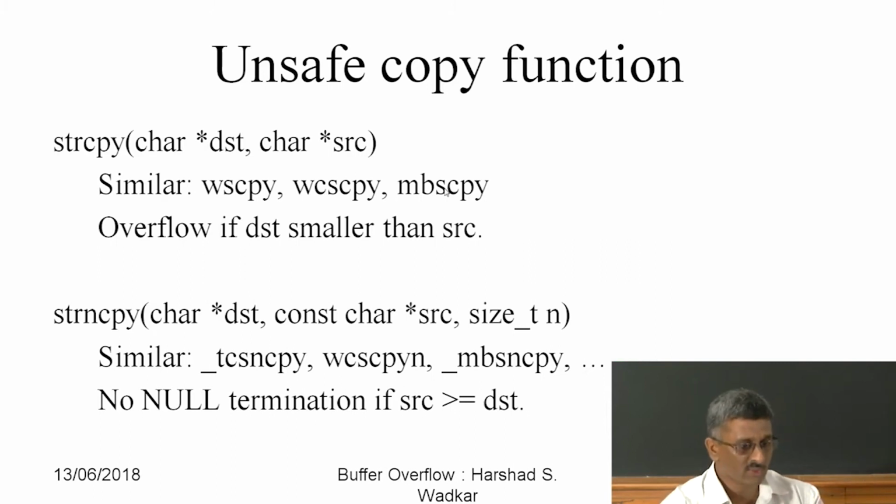In the strcpy family there are functions like wcscpy, wcsncpy, then memcpy and so on, which can perform the overflow. Instead of that, what is suggested is to use strncpy. Note that there is no null termination if the source is greater than the destination. If the size of the source is more, stop it.